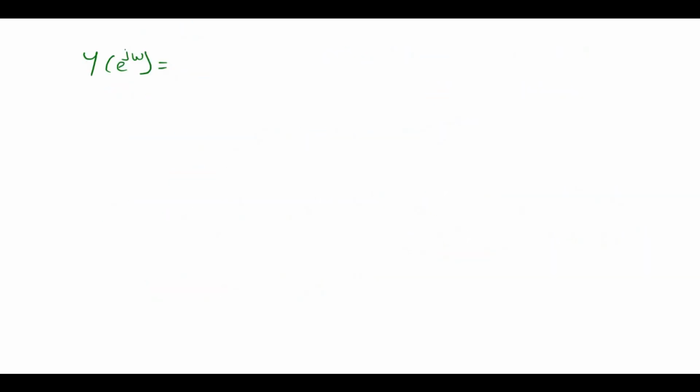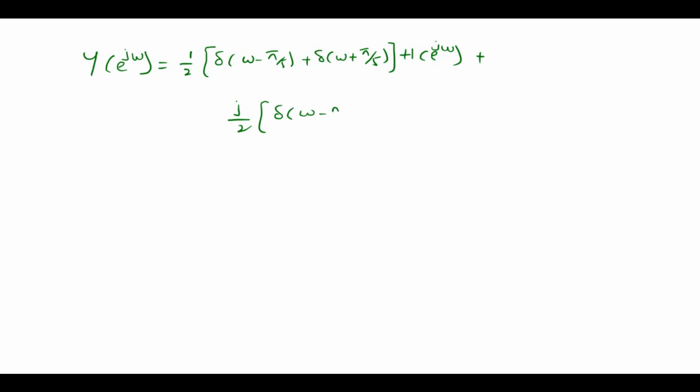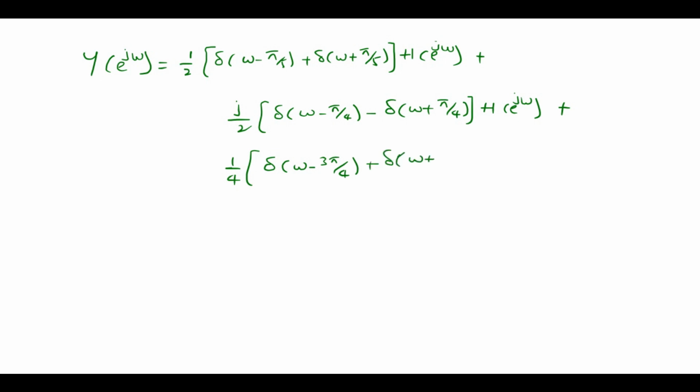The whole thing, that is 1 by 2 into del of omega minus pi by 5 plus del of omega plus pi by 5, which is multiplied with h of e power j omega, plus second term j by 2 into del of omega minus pi by 4 minus del of omega plus pi by 4, that is multiplied with again h of e power j omega, third term plus 1 by 4 into del of omega minus 3 pi by 4 plus del of omega plus 3 pi by 4, that is again multiplied with h of e power j omega.